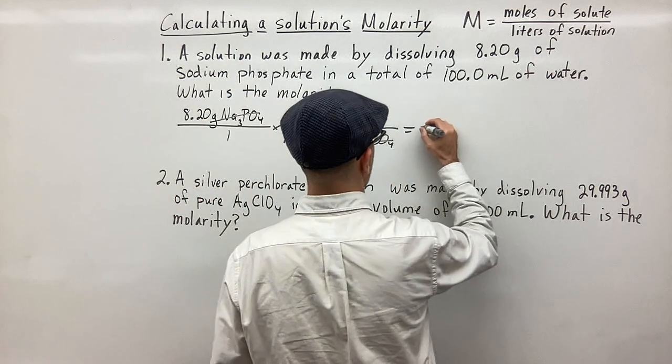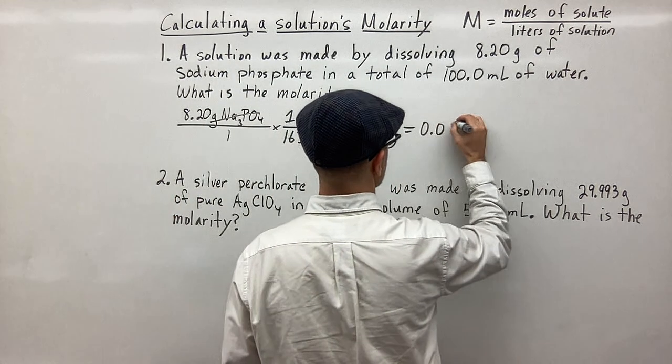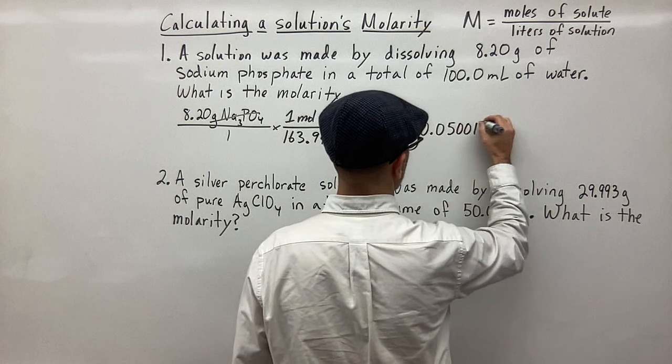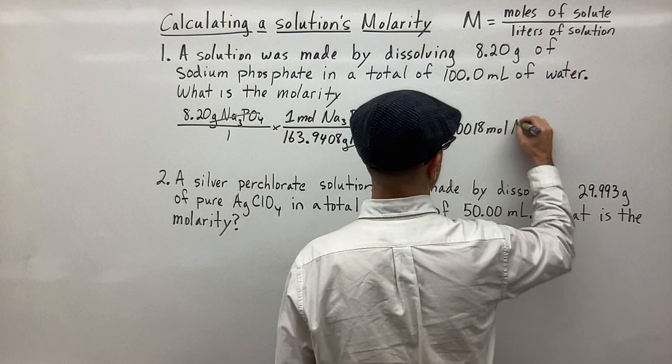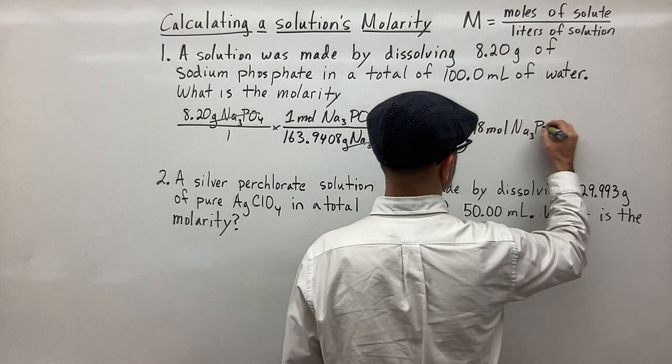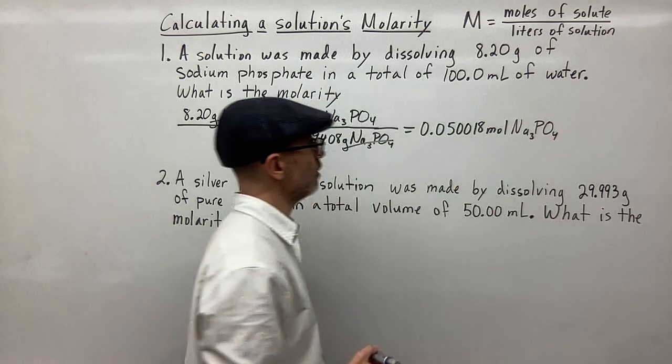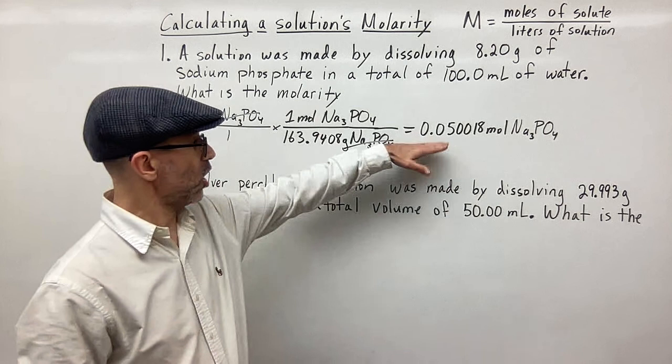Okay, so I have 0.050018 moles of the sodium phosphate. Okay, now I have moles of my solute.